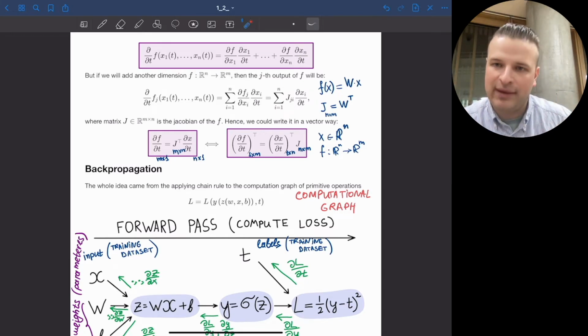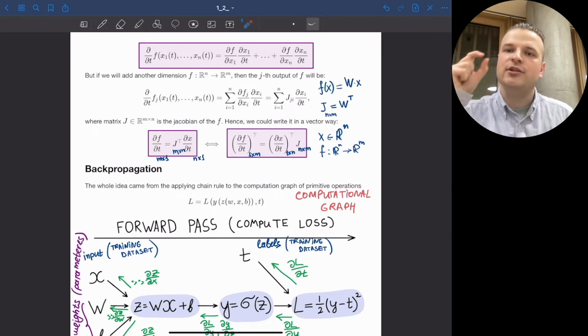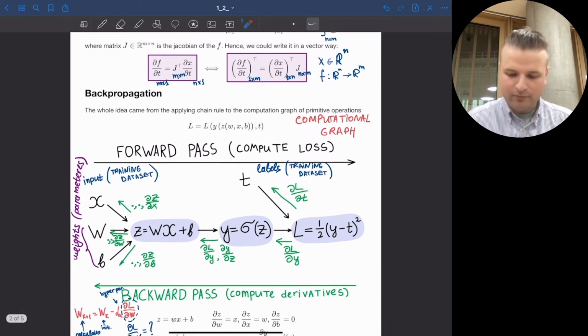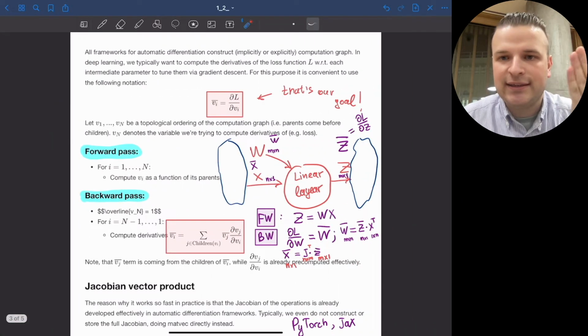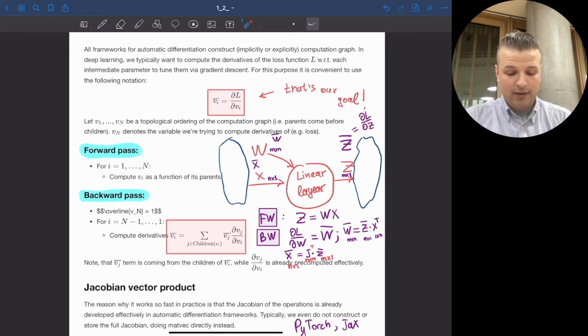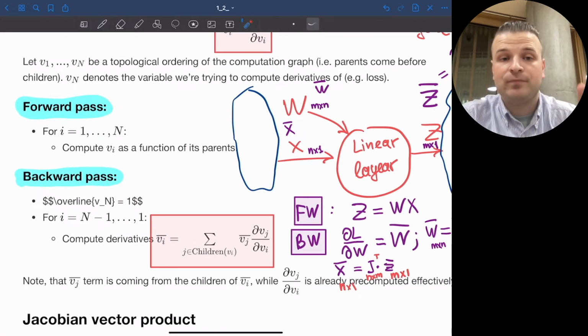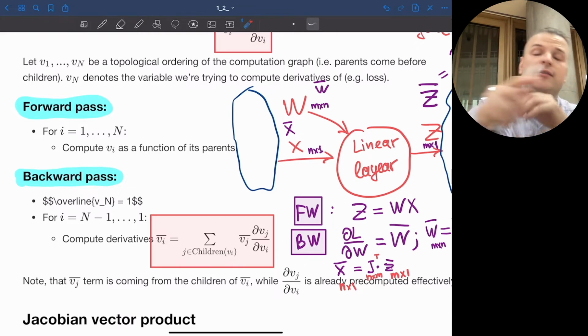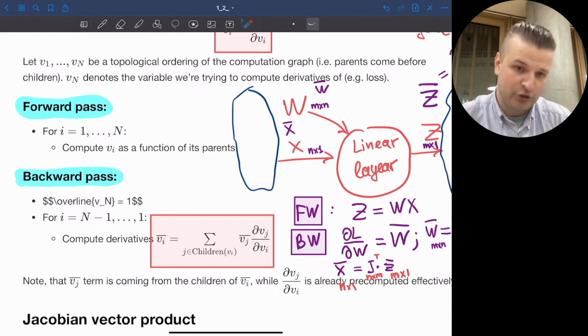You have to implement a very specific Jacobian vector product for each arithmetic operation efficiently. And the third idea here is the backpropagation algorithm, which requires accumulating all the gradients from the very end to the very beginning of your computational graph.